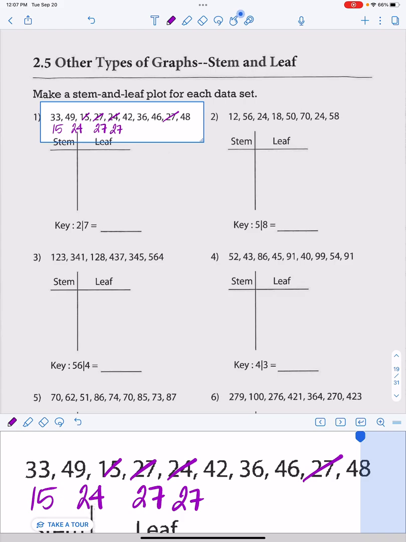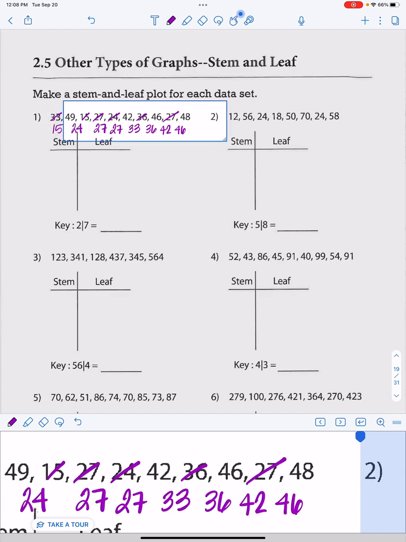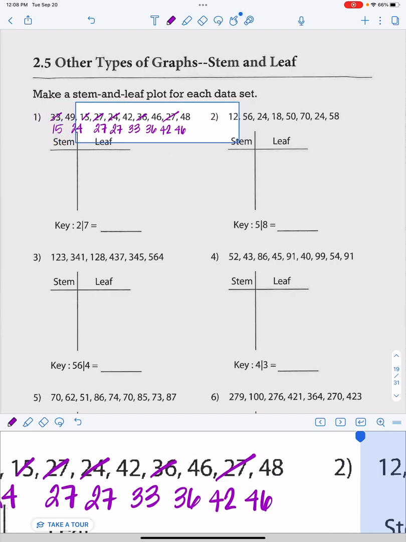And then 33. And 36. And 42. 46. 48. And 49.